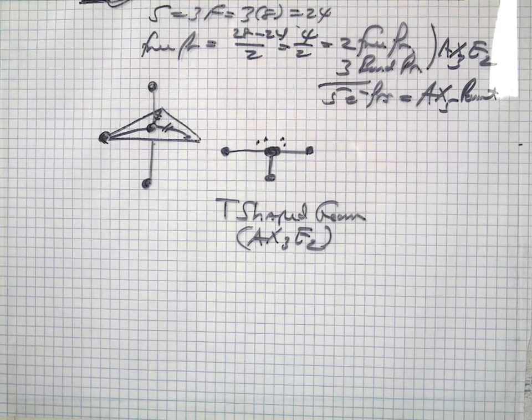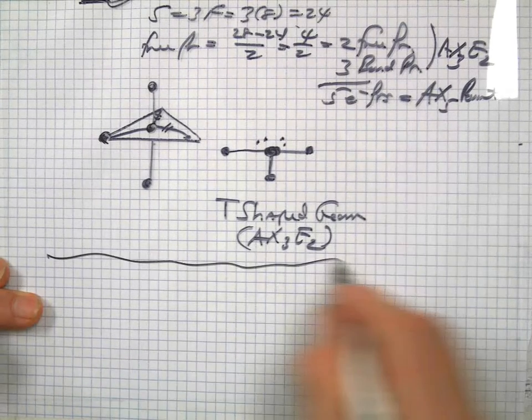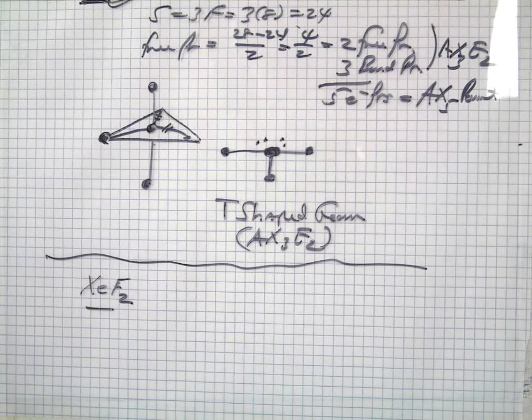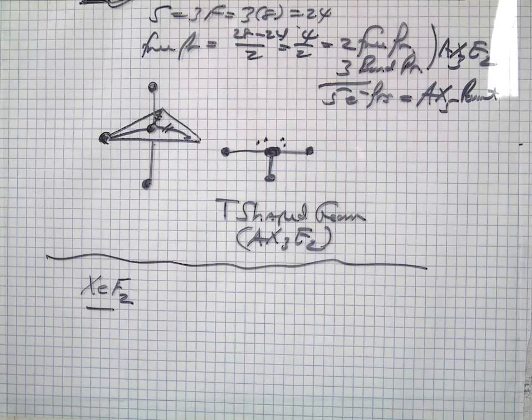Okay, and the last one in this collection is xenon difluoride, XeF2. Now, xenon is a noble gas, and the issue with the noble gas is some people say, well, they're not reactive. Well, here's an example where it is reactive.